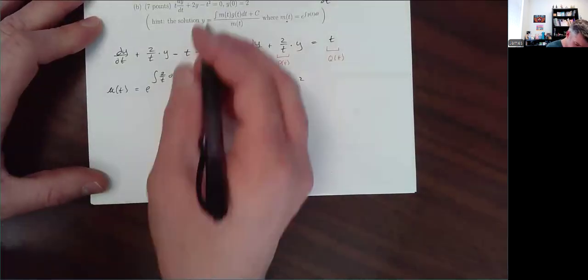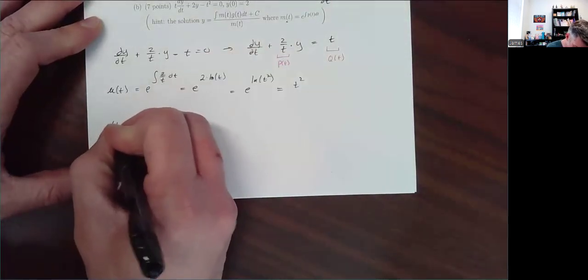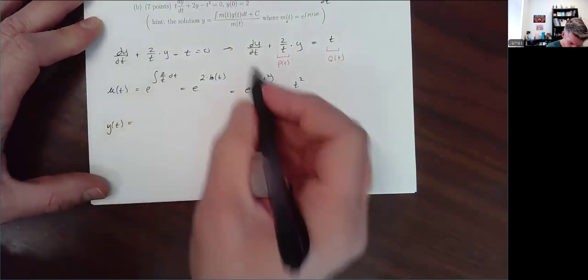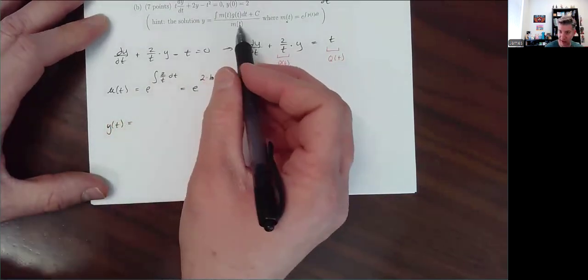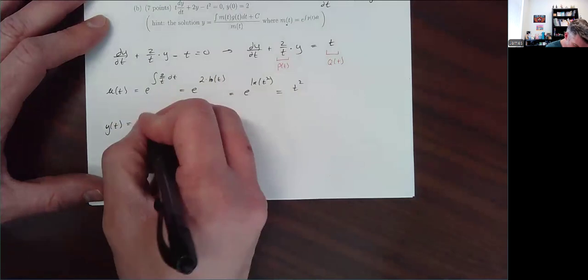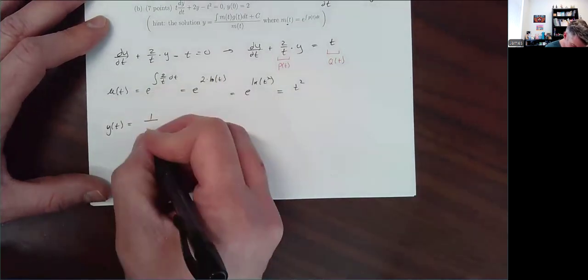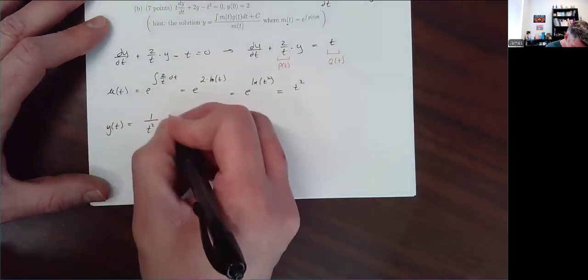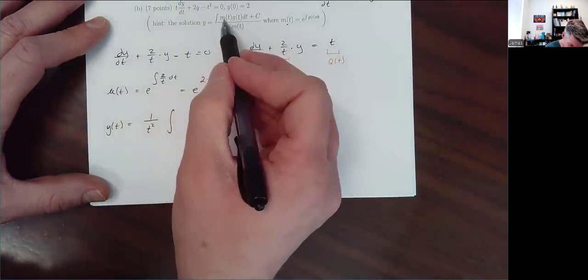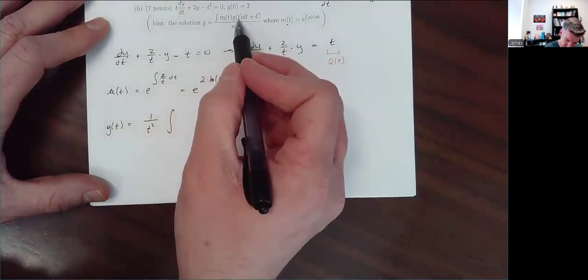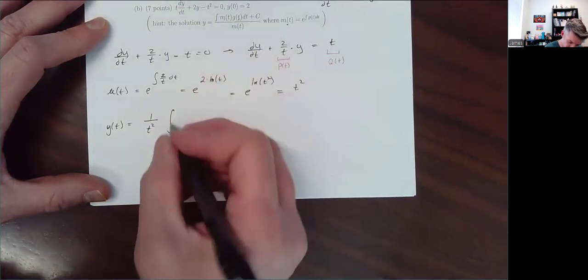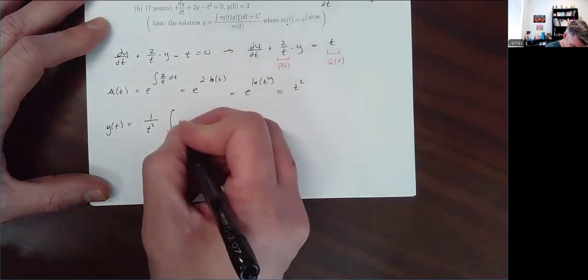I'm going to say that our answer, y of t, is equal to, we're dividing by the integrating factor, so I like to write it in front as 1 over your integrating factor, t squared, times the integral of your integrating factor times your q of t, which is going to be t squared times t.